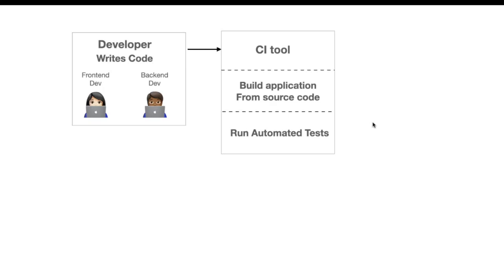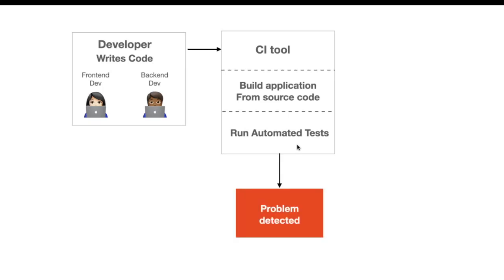Here the CI tool will build the application from the source code developed by the front-end and back-end developers, and it will run some automated tests on top of the application build. Once automated tests are completed, it will provide feedback on whether the test cases passed or failed. Let's say in case these failed, so some problem is detected after running the automated tests.